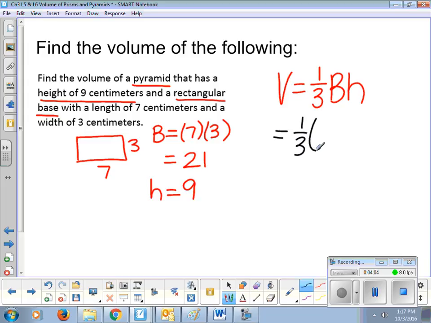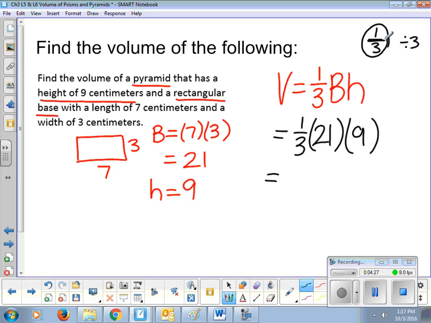Plug them into your equation: 1/3 times 21 times 9. When you're multiplying with the fraction, 1/3 is the same as dividing by 3. To plug 1/3 into your calculator, this fraction bar means to divide. You could do 1 divided by 3 and then multiply by 21 and 9.